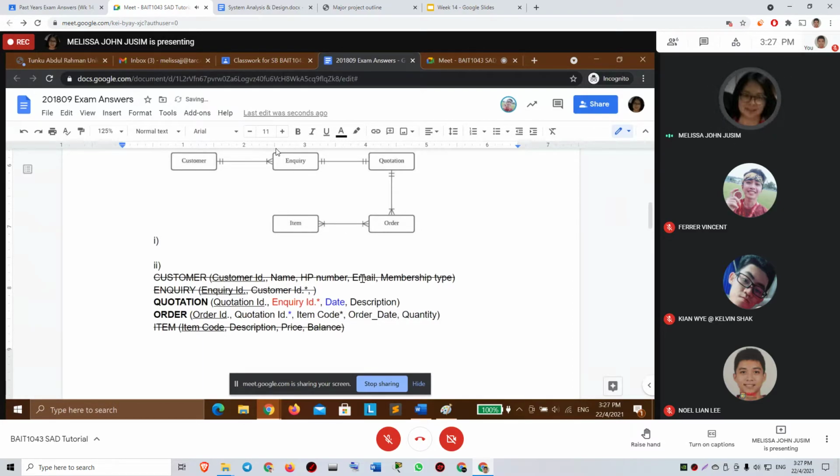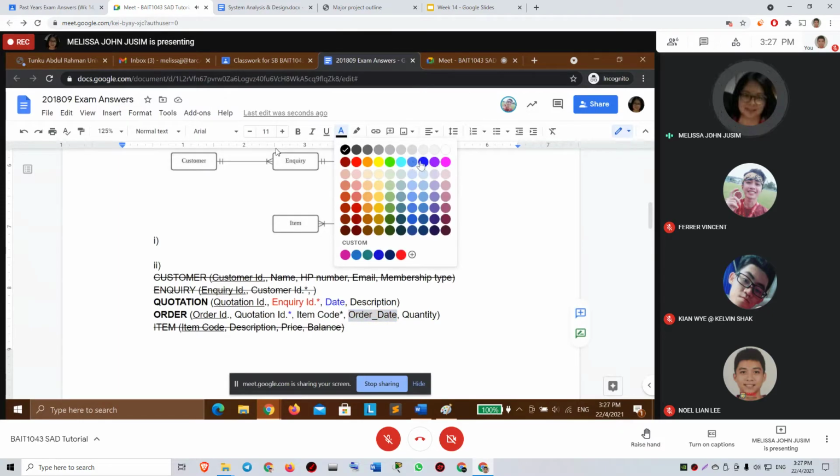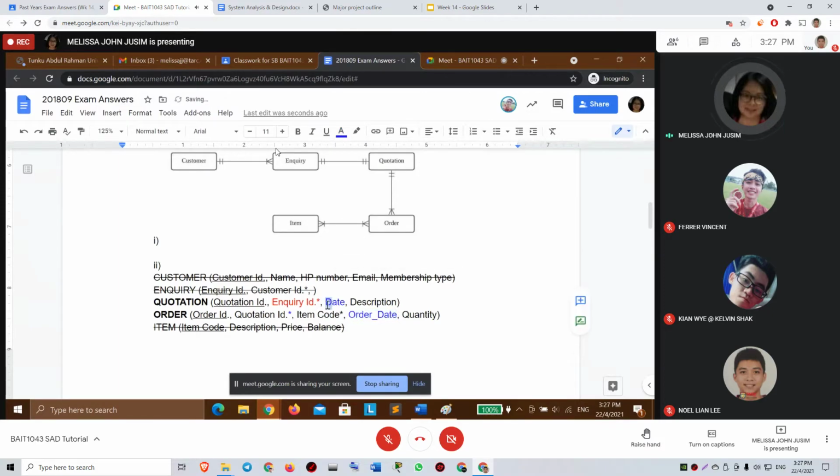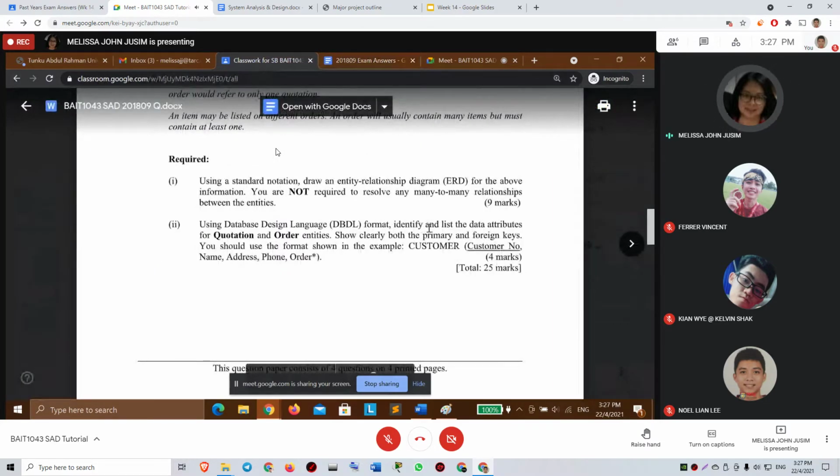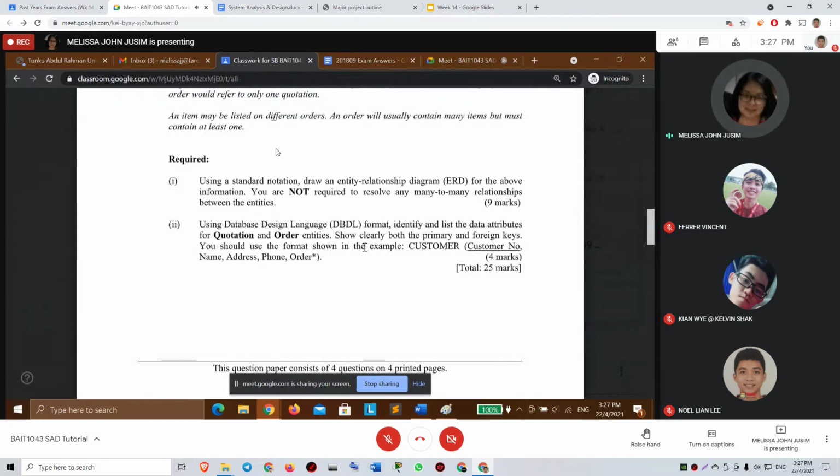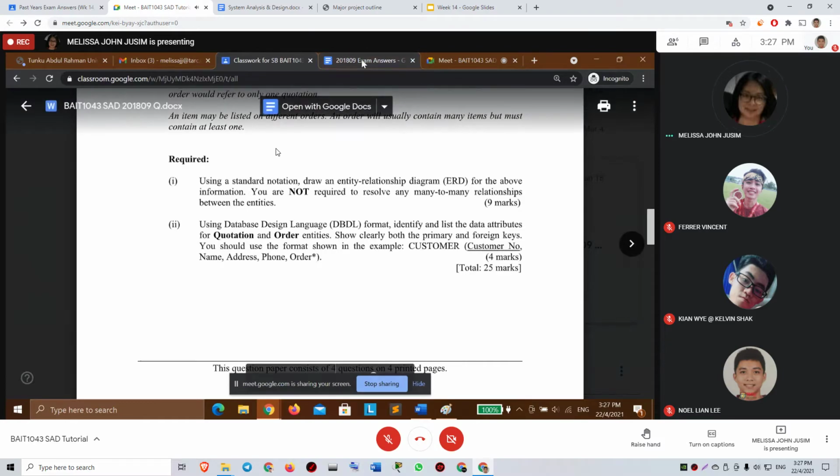So I put the date. Order date, and then for this one, position date. Any minimum number? Show clearly PK, FK, use the format. There's no minimum number of data attributes.